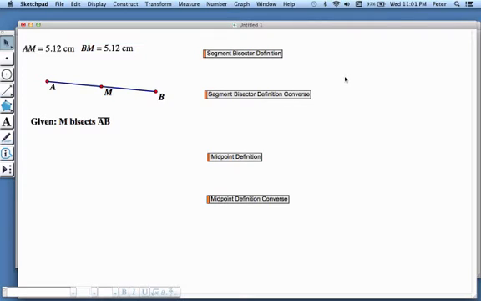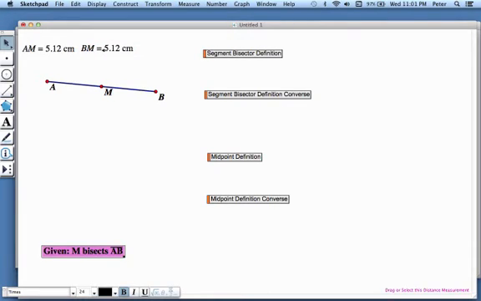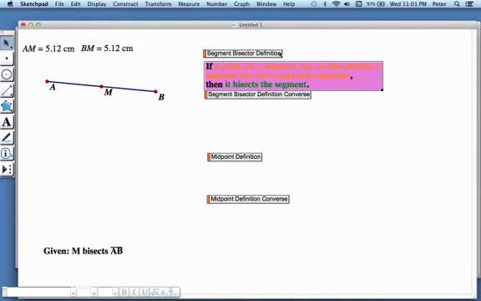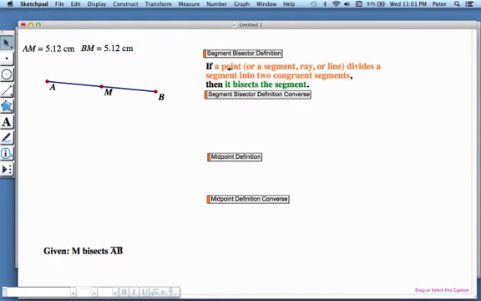Let's take the idea of segment bisector, for instance. Let's say you knew that you had a segment AB. Let's forget about this piece of information for now. But given this segment AB, you knew that AM was congruent to BM. You could say that M is dividing the segment into two congruent segments.